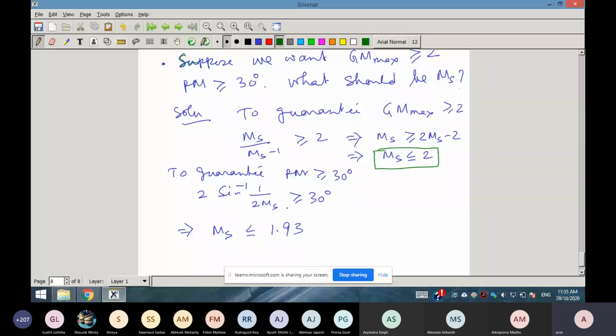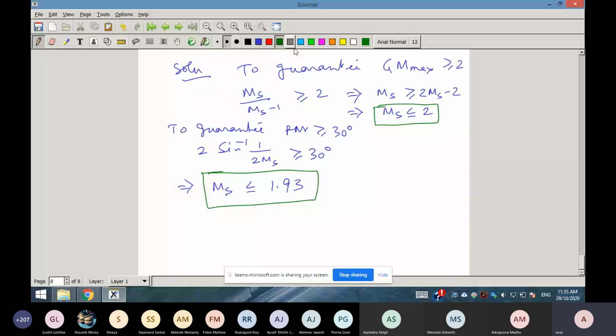So ultimately, to guarantee both Gm max greater than or equal to 2 and Pm greater than or equal to 30 degree, Ms should be less than or equal to the lowest one, you should take 1.93.